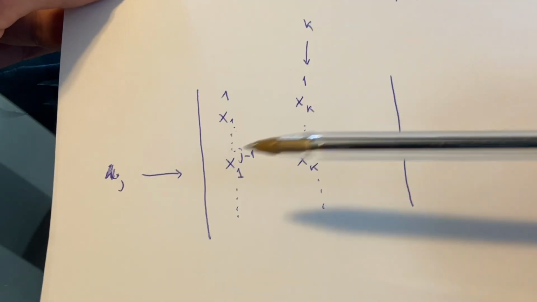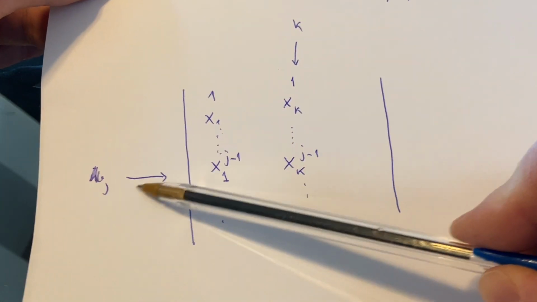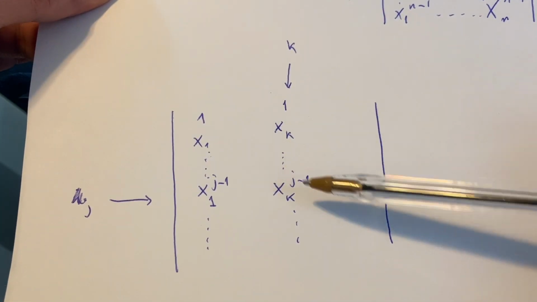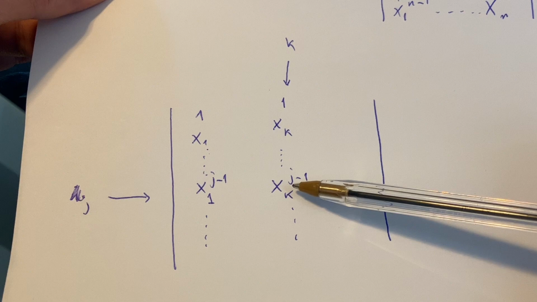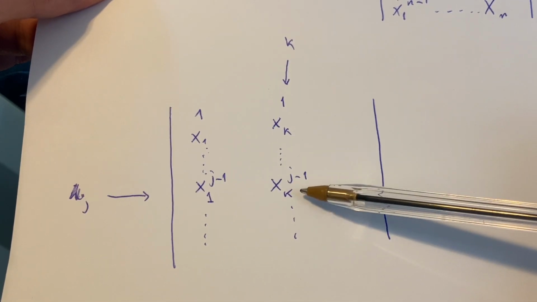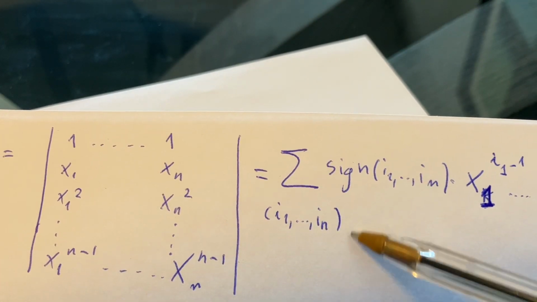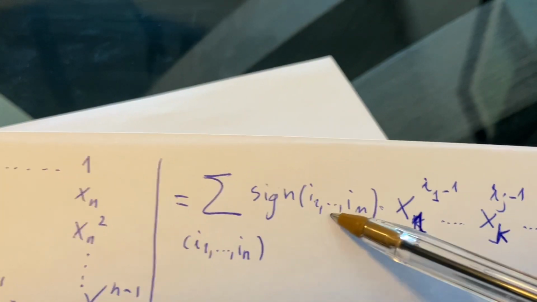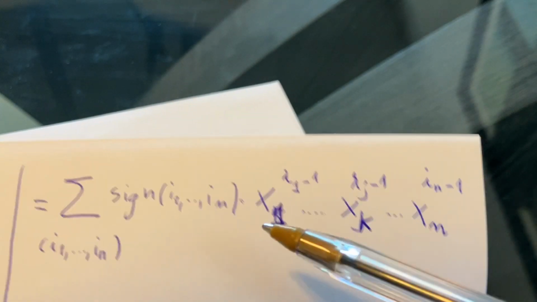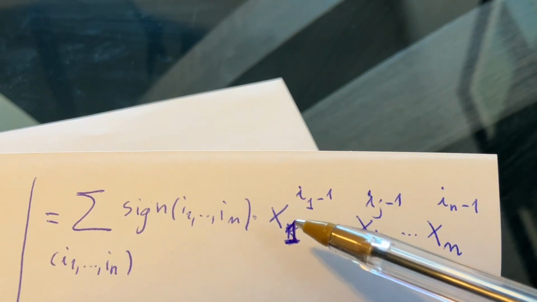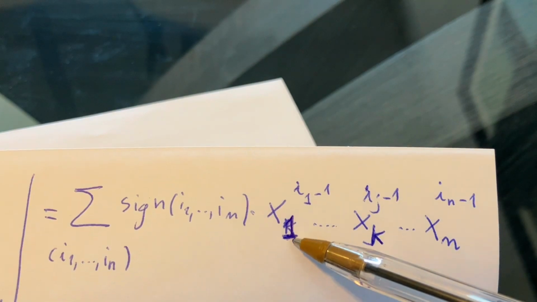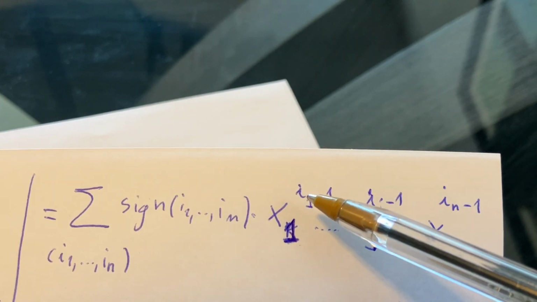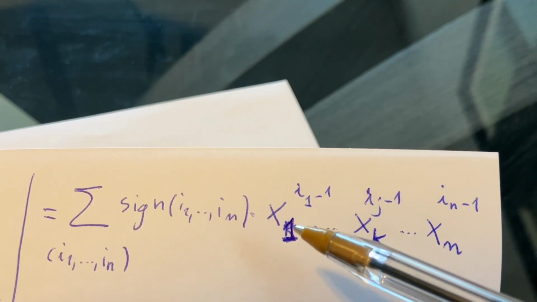So likewise, the jth row, kth column, contains the element xk raised to the power j minus 1. The Vandermonde's determinant is thus the sum over all these permutations of the signs of those permutations times the entry of the matrix along the first column in the i1 row.